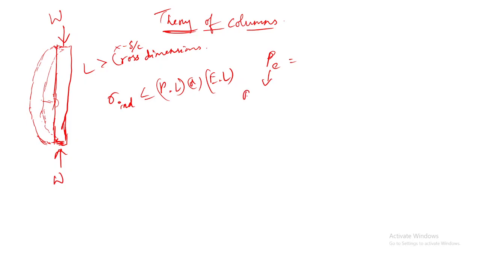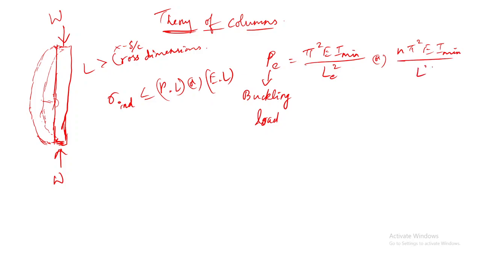PE is the buckling load, which equals pi square E I minimum divided by LE square, or it is given by n pi square E I min divided by L square, where I min is the minimum of Ixx and Iyy, and E is the Young's modulus.